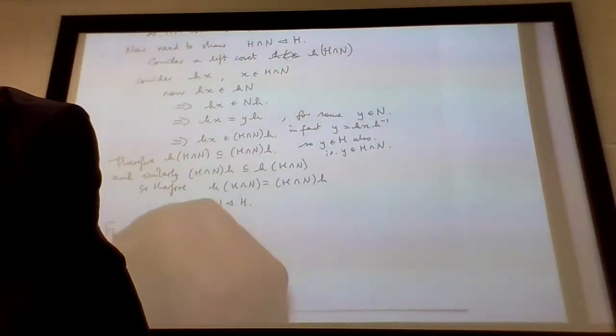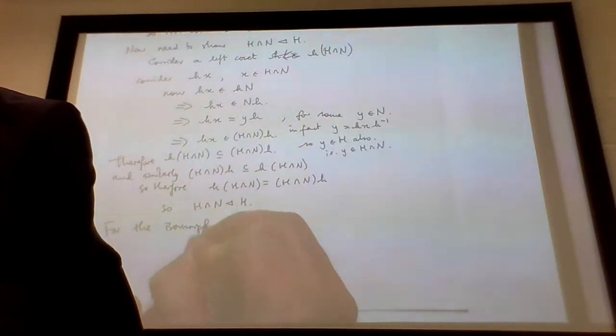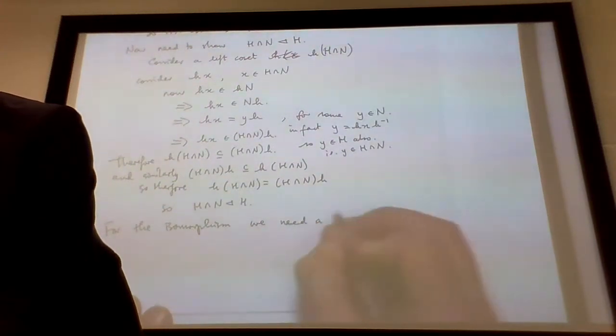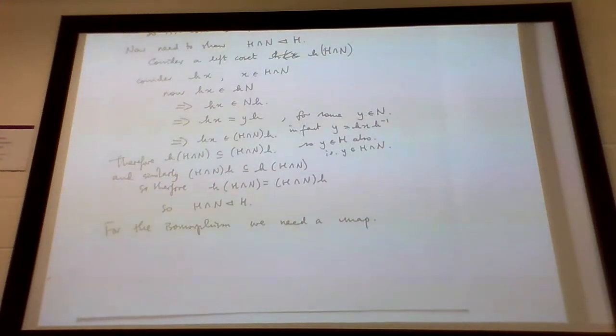So for the isomorphism, we need a map. Now, I think it goes in the other direction to which I wrote it down.